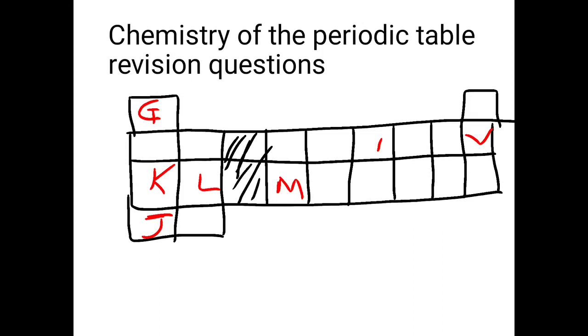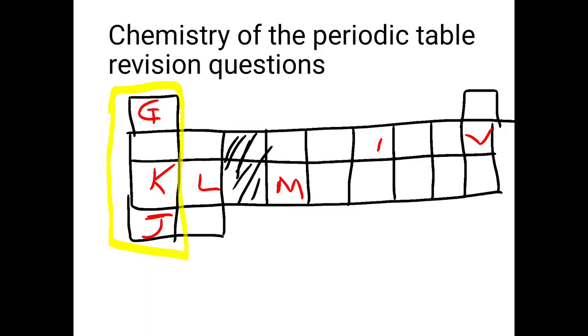So the only elements that are in the same group that can have the same chemical properties and as a result become members of the same family are the elements that we have here in group 1. So G, K, and J are elements that belong to the same chemical family, and that chemical family is called alkali metals.